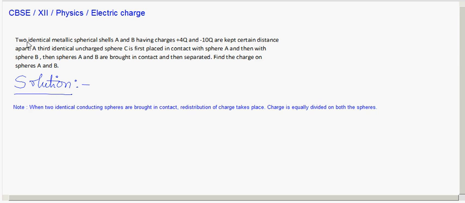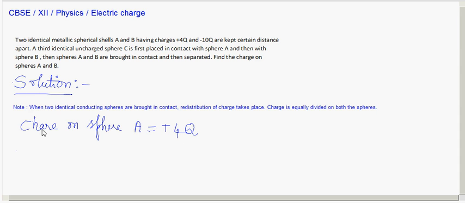So here we are given two spherical shells A and B having charges plus 4q and minus 10q. Charge on sphere A is plus 4q. This is given.